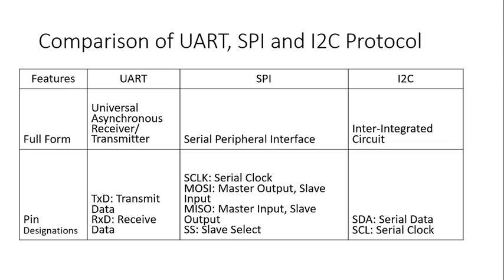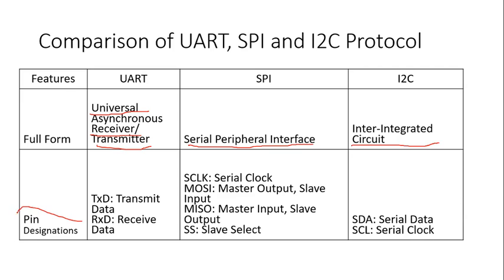The first one is the features. The full form for UART is Universal Asynchronous Receiver Transmitter, for SPI it is Serial Peripheral Interface, and for I2C it is Inter-Integrated Circuit.